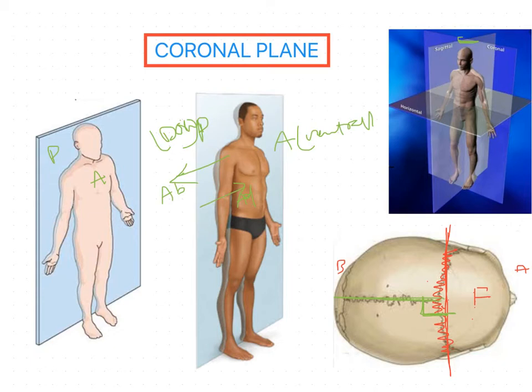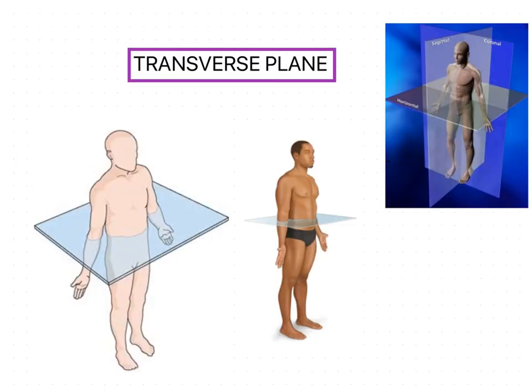Now we will move on to the next plane, called the transverse plane. This transverse plane is at right angles to both the sagittal and frontal planes. The transverse plane is also called the horizontal plane.